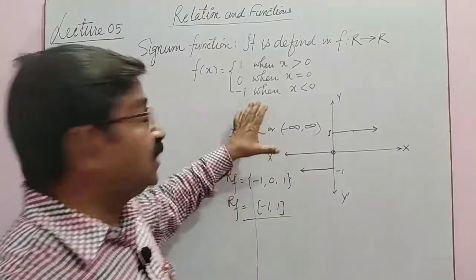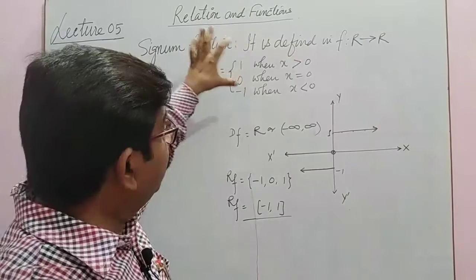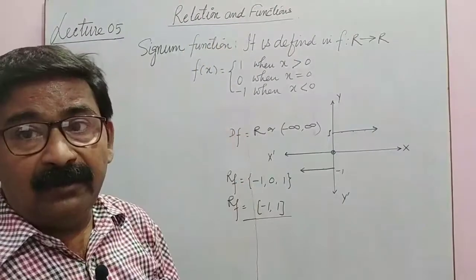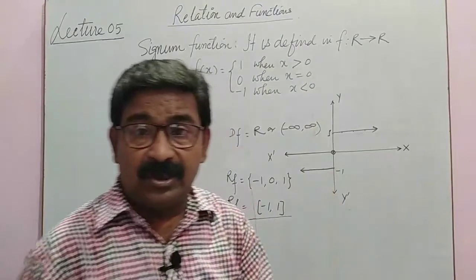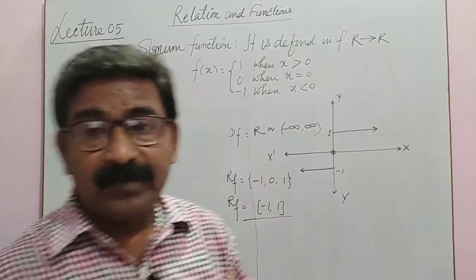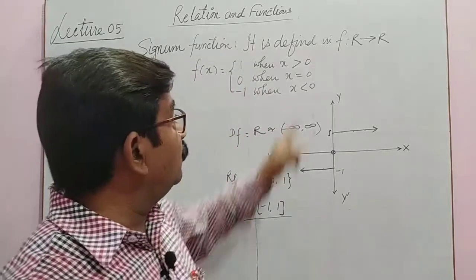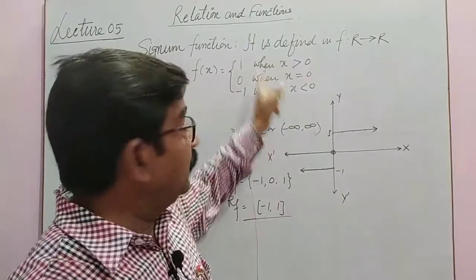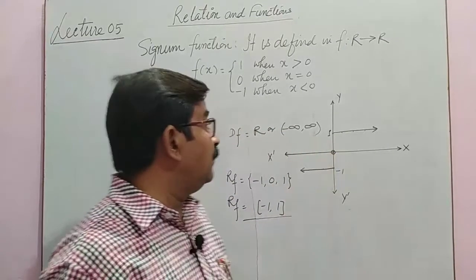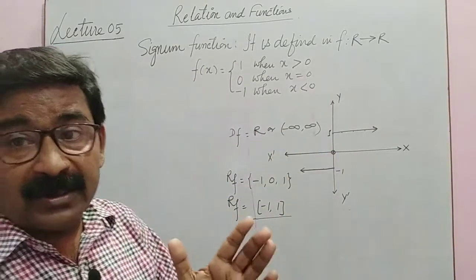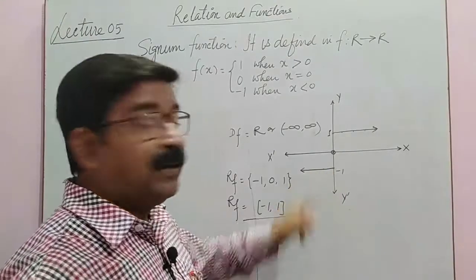So this is the signum function in which there is no variable. We have a constant value for any positive value of x, which is always 1. If x is equal to 0, its value is 0. If x is less than 0, that is all negative values, it is always minus 1.